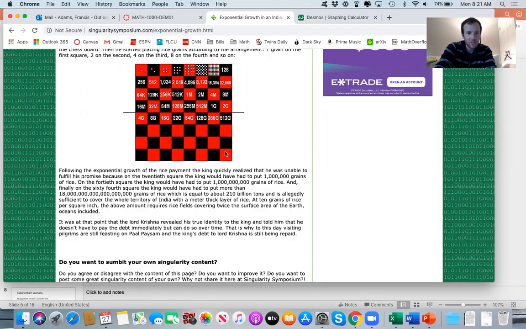And on the very last square, you'd have to put 18, let's see, 1,000 million billion trillion. It's like sextillion or something like that, which is 210 billion tons of rice going on the very last square. That's in addition to the rest of the board.